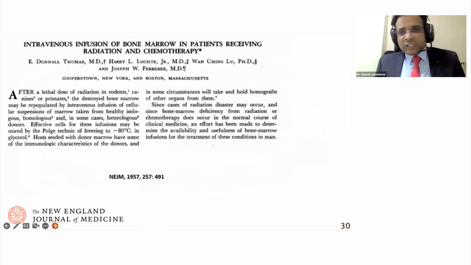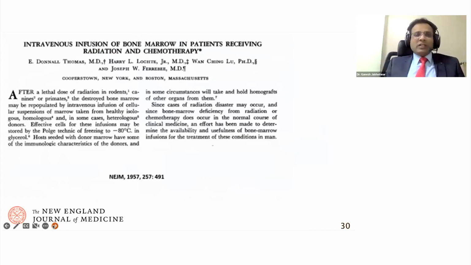So again, parallel to those mouse experiments, the team led by Professor Donald Thomas, initially at Cooperstown, New York, and then at Harvard Medical School, first published their paper in NEJM 1957, wherein they tried terminally ill advanced blood cancer patients.